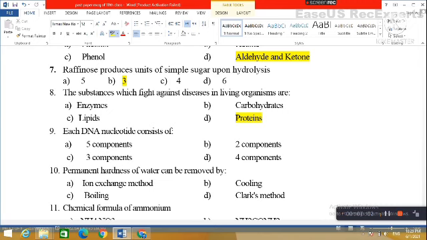One is pentose sugar having 5 carbon atoms, the second is the phosphate group, and the third is the nitrogenous base. So the right option will be 3 components. All other options are wrong.